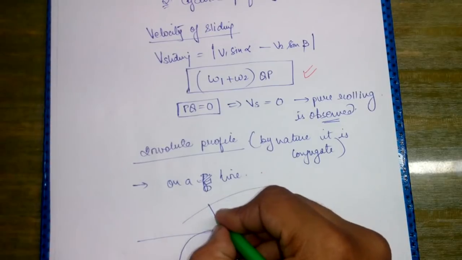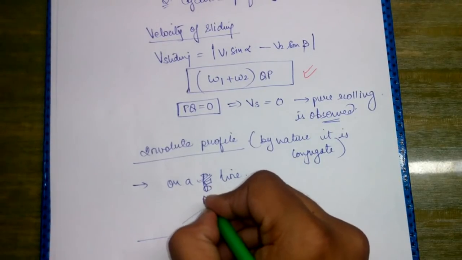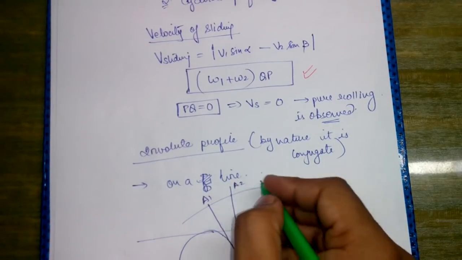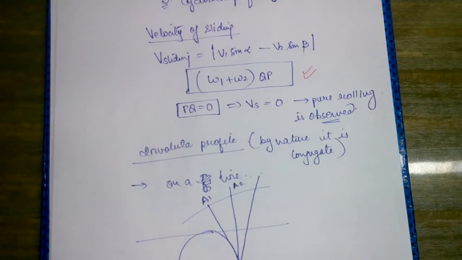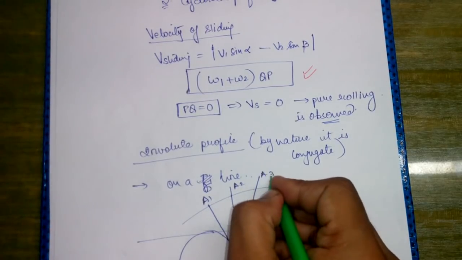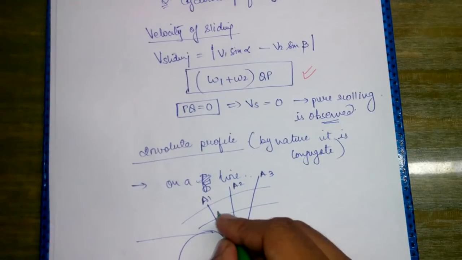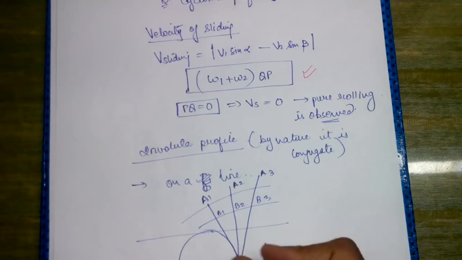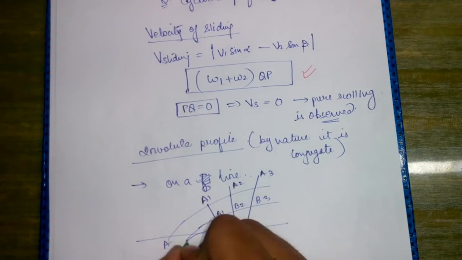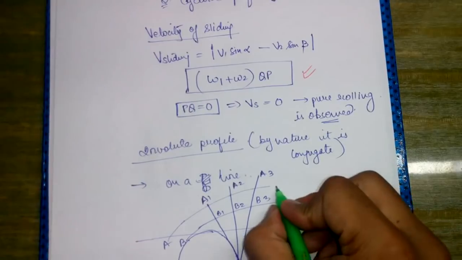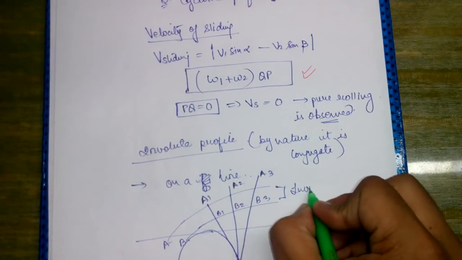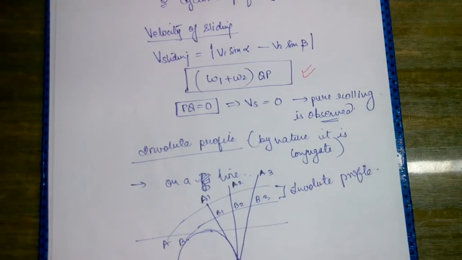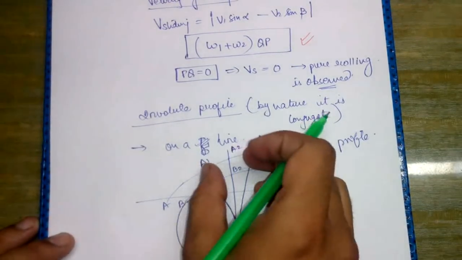So from this point say this point is A1, from this point this is A2, say from this point it is A3, and if we have a different curve then B1, B2, B3, say this is the center of the gear, this is corresponding to A, this is corresponding to B. So these actually two profiles are involute profile. ठीक है, and A1, A2, A3 are very closely spaced.